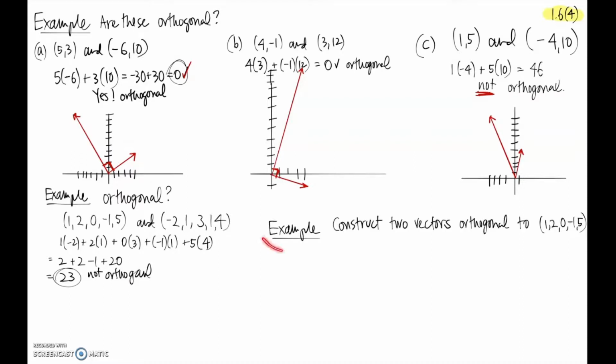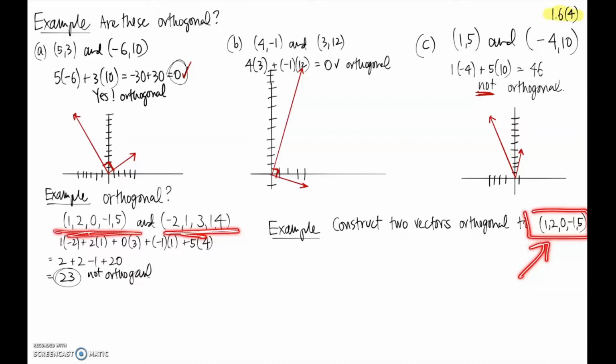So the next example is an important one. We're asked to construct two vectors that are orthogonal to this vector in R5. We saw it back here, and we know that it's not orthogonal to this, but could we construct a vector or two vectors that are orthogonal to this? It's valuable to think through how we would go about doing this.